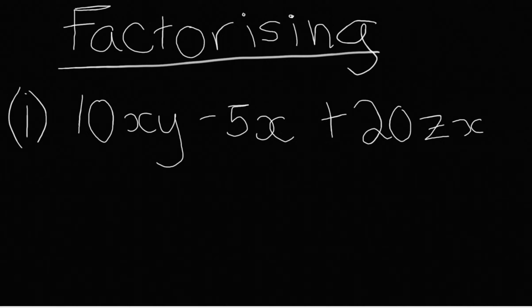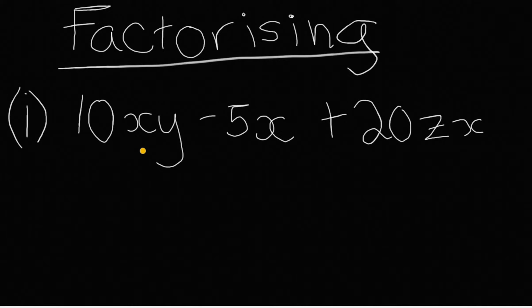Okay, let's talk about factorizing. So with factorizing, you need to take out all of the like terms, right? And this includes numbers, actual coefficients, and your variables. So here, let's start with the variables, right?